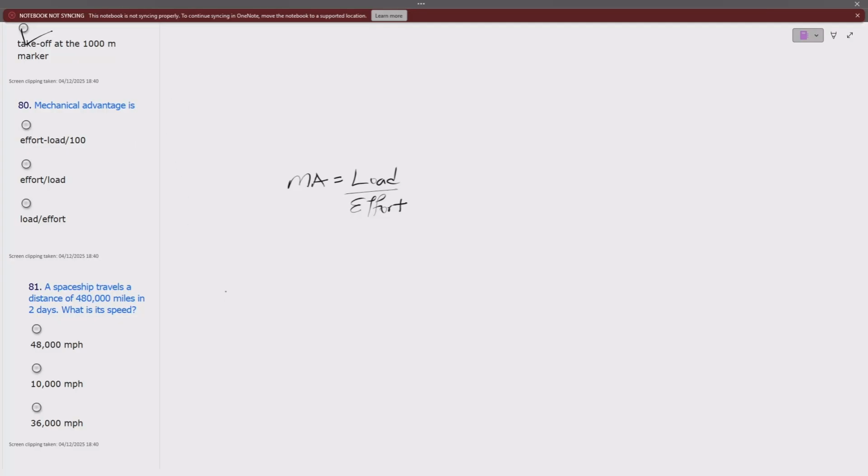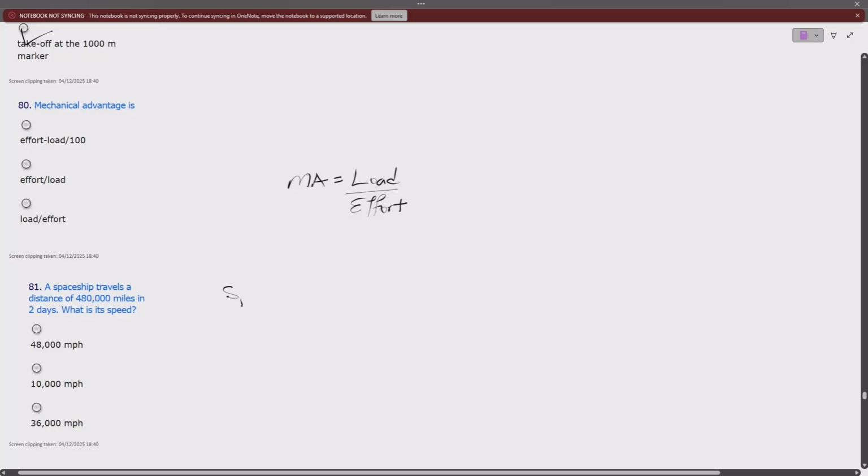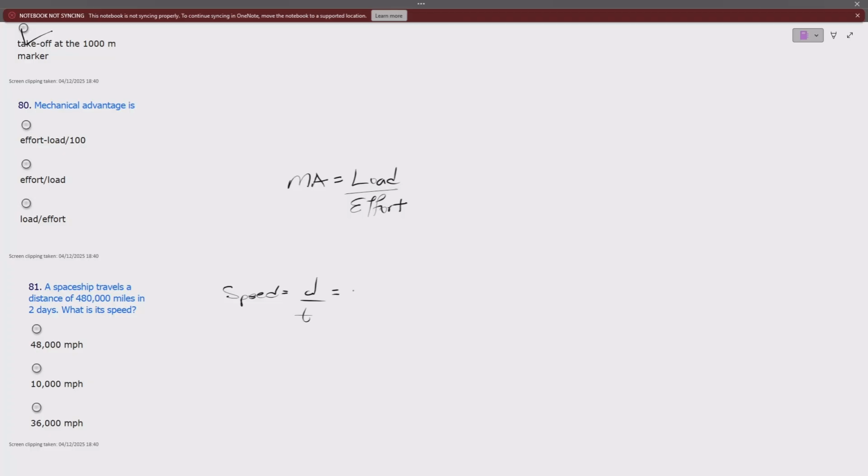We already know speed equals distance over time. And the distance is given as 480,000 miles. But remember, it's in miles per hour, so you convert the 2 days to hours.